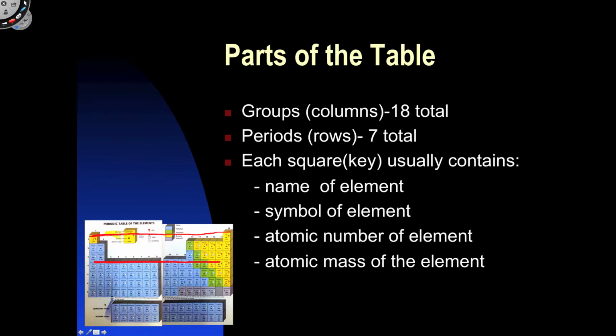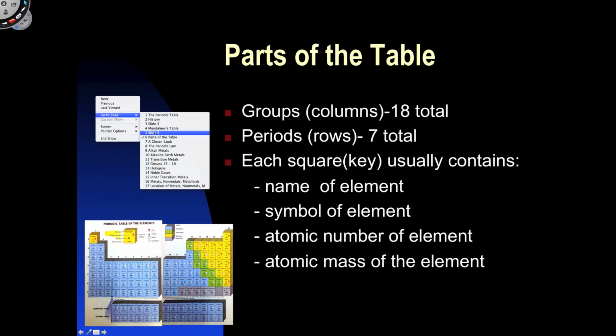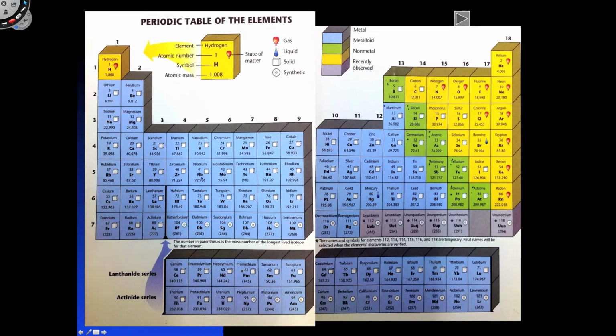It looks like this should be 8 and this should be 9. But if you look closely, you realize that these are offset from the main periodic table. And let's see if we can take a look at that. You'll notice that we have 57.